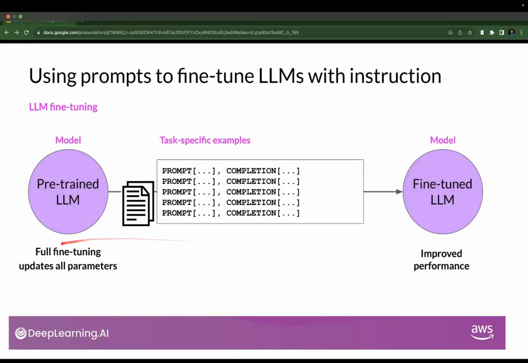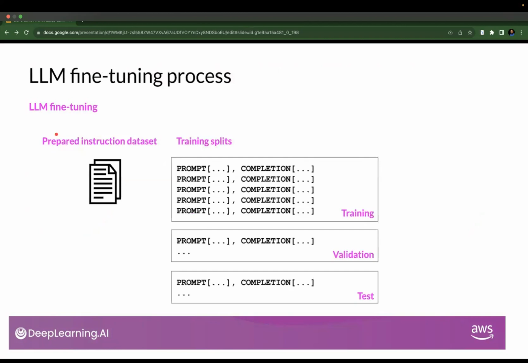In the full fine tuning, all the parameters of the existing LLM are updated. So if the existing LLM has 1 billion parameters, all the parameters will be updated. And the process of fine tuning follows the regular machine learning or deep learning approach, where you have a training data, where you train your model, then you have validation to see how your hyperparameters are performing, and then finally you have test to see the performance of your model.